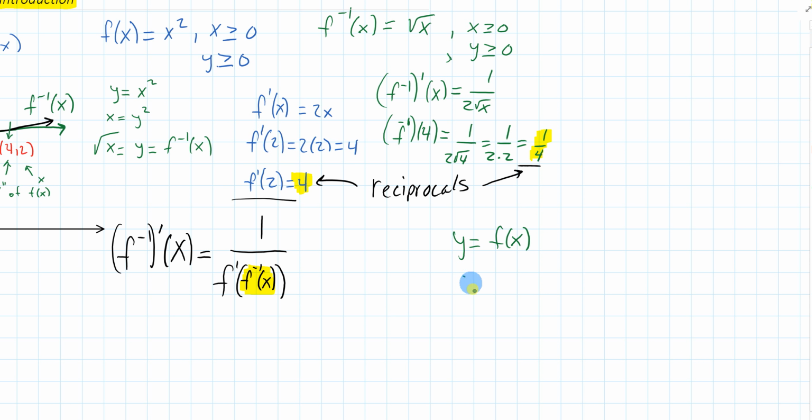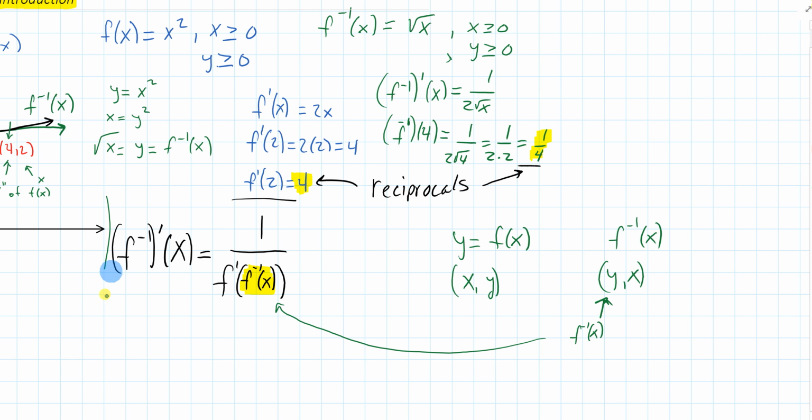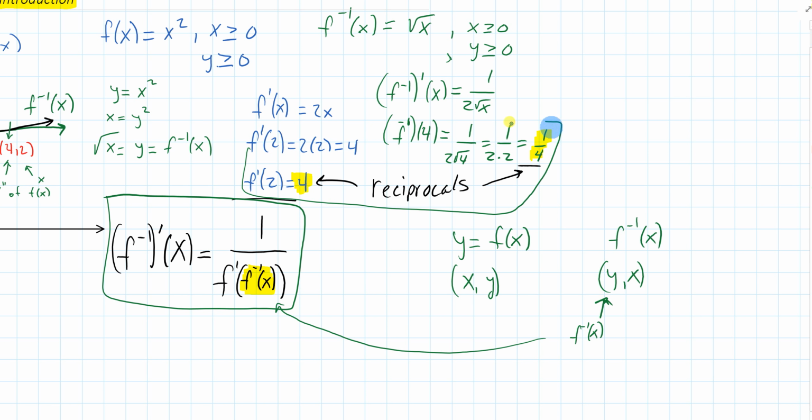When you have (x, y), that is for the function, but when you have the inverse function, now we're talking about (y, x), and y would be the new x for the inverse, so that would be f inverse of x. So the key takeaway for this video is this formula and the relationships between the derivative and the inverse derivative.